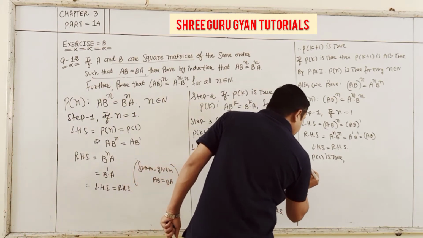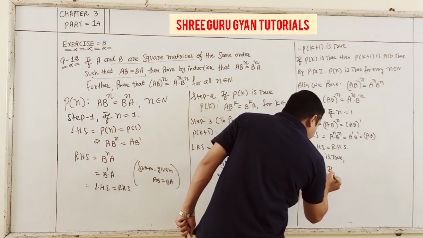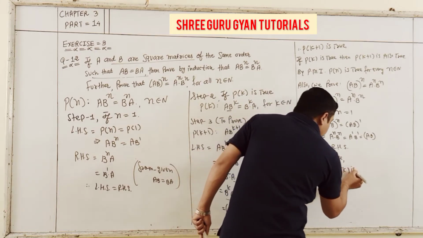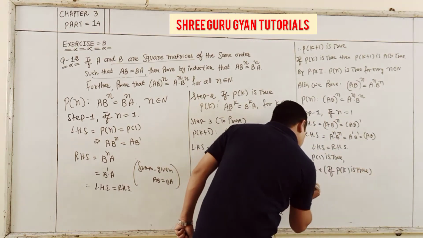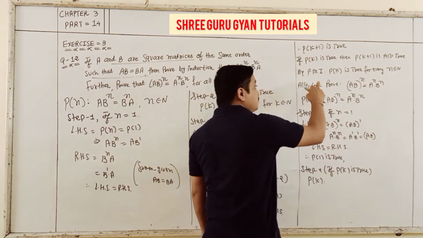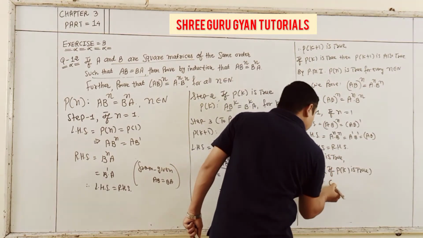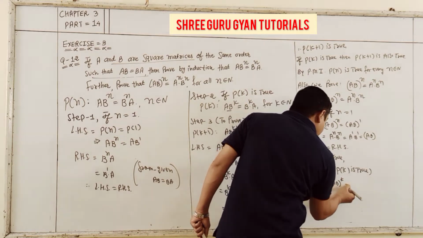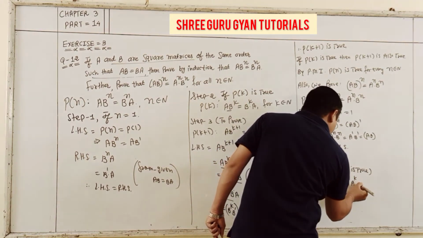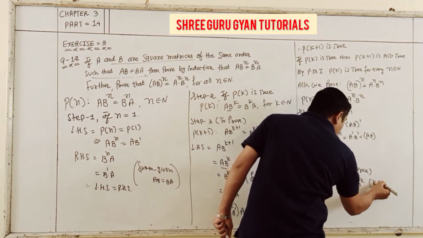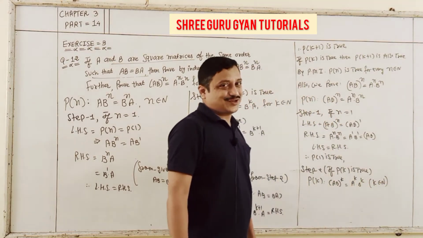Our step 2 is, if P(k) is true, then you write this P(n) as P(k): (AB)^k is equal to A^k B^k for k a natural number.